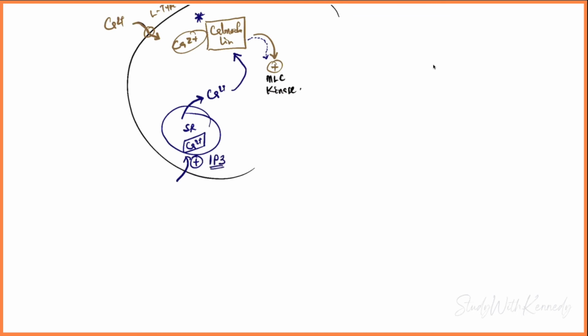To increase IP3, which will induce release of calcium from the sarcoplasmic reticulum, we need to activate GQ-coupled receptors. There are a number of medications that can activate your GQ receptors.